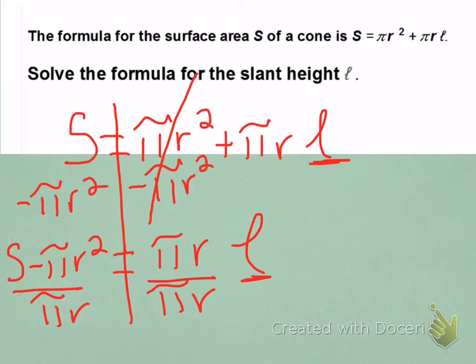So pi r divided by pi r, you have 1. So you're left with 1 as the slant height. And then here's my answer. S minus pi r squared divided by pi r equals the slant height. That's the way you leave it. It looks strange, but that's your answer.